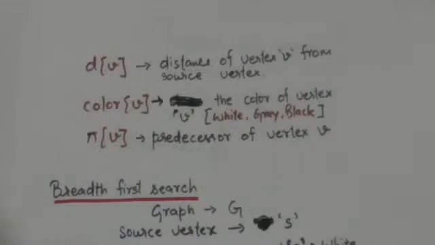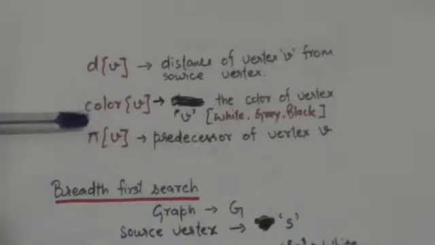When a vertex is encountered the first time, its color is changed from white to gray. When a vertex is completely processed, its color is changed from gray to black. The variable pi[v] stores the predecessor of vertex v.